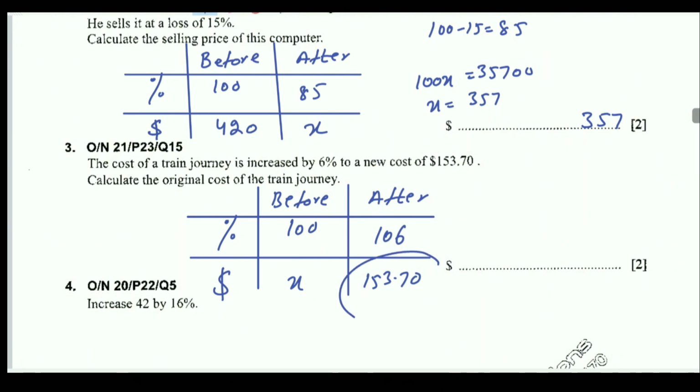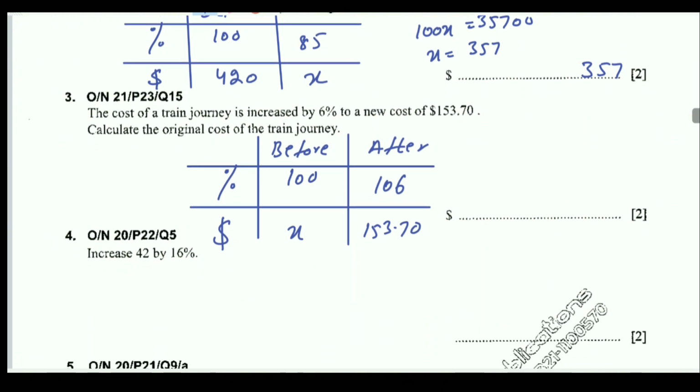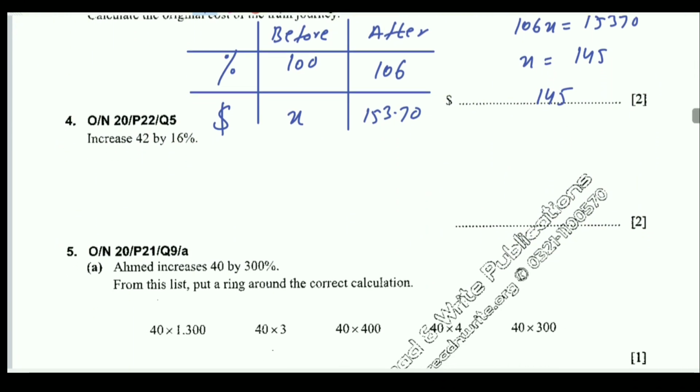This was the price after the increase, the new price, so you write it in the after box. Now simply do cross multiplication: 106 x is equal to 15370, so x is equal to 145. So 145 will be your final answer.